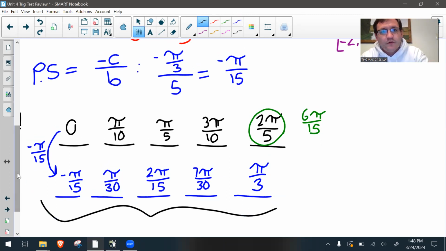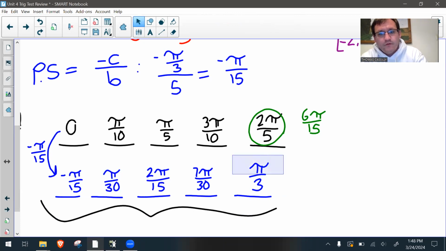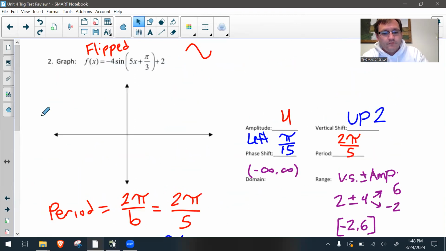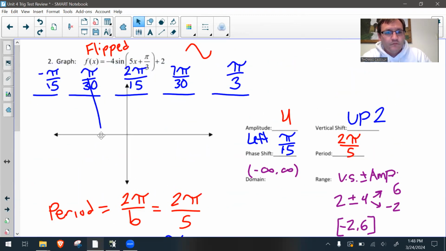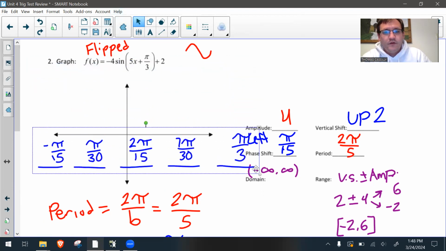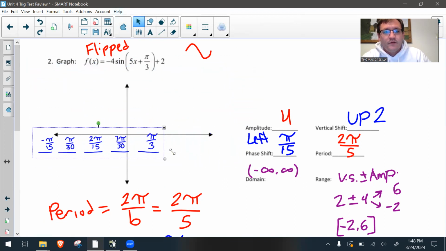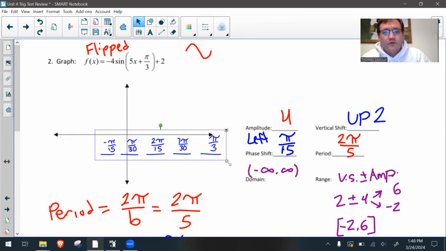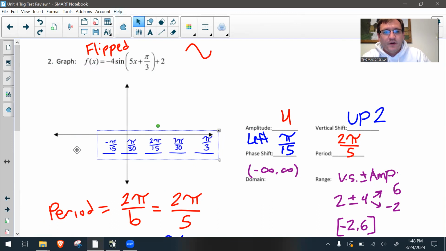So here's what I'm going to do. I'm going to take all of those. Let's see if I can copy this. I'm going to put them up here. So these are our points. They're more or less in these spots here.